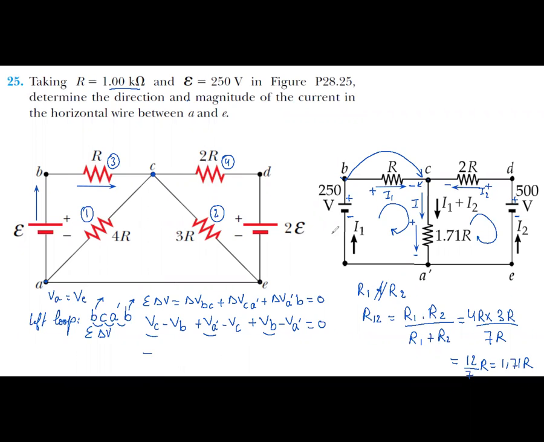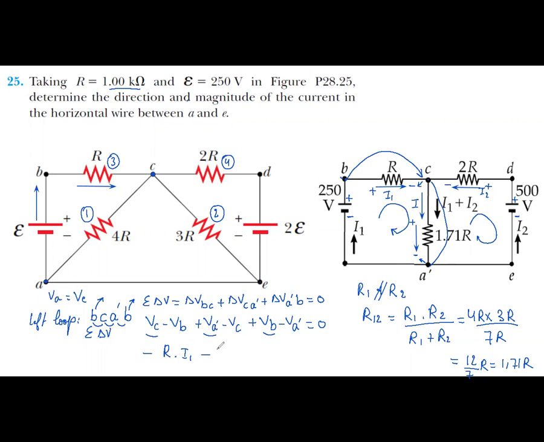The voltage at the resistance equals R times I1. Okay, now we come from the point C to the point A prime. VA prime is at the negative side, we have minus.